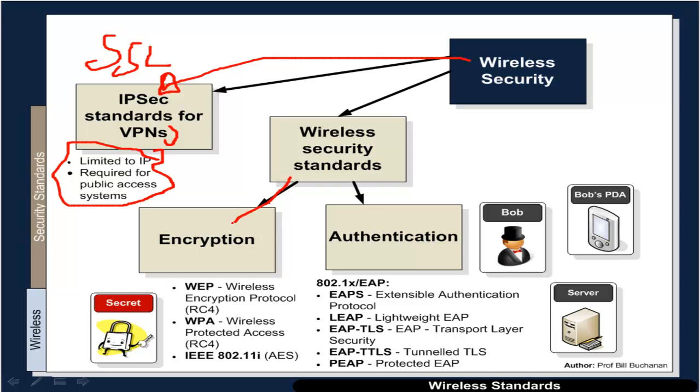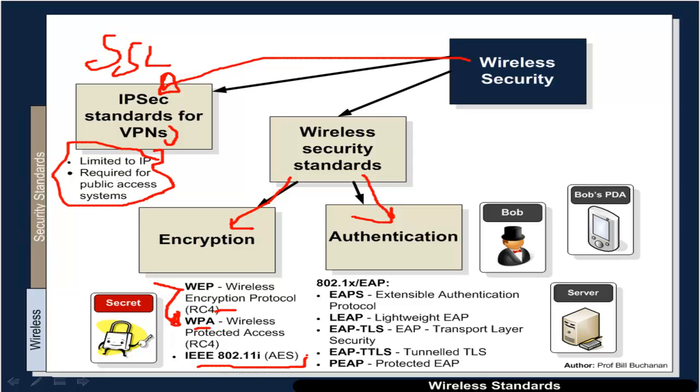The main standards break out into encryption standards and authentication. For encryption, we have the horrible WEP protocol, which is based on RC4 stream encryption. This has been shown to have many problems, and we've now moved towards using TKIP and part of the WPA infrastructure.